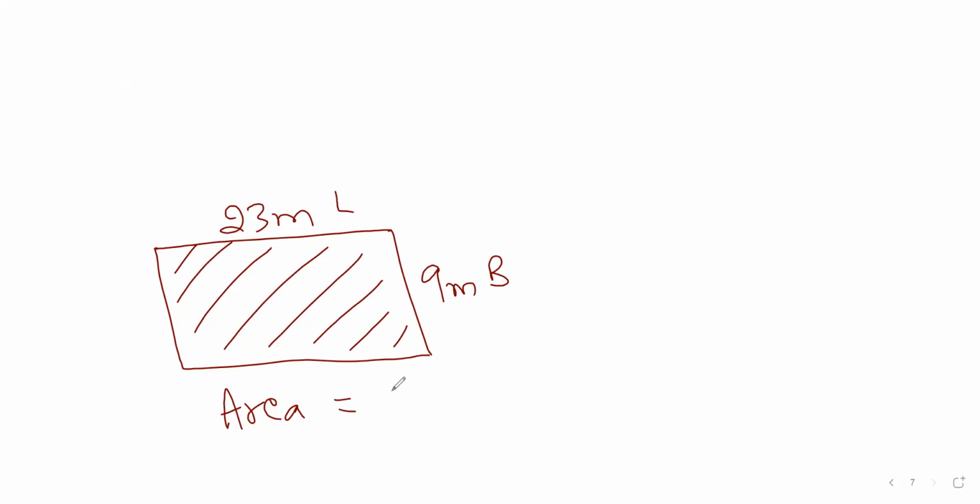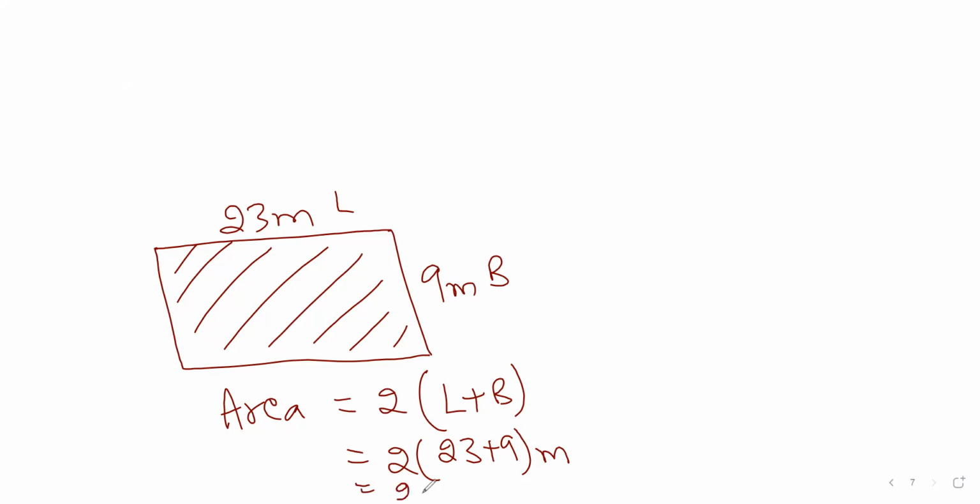So for rectangle, you find the area like 2 into length plus breadth. So it will be 2 into 23 plus 9 meter. Unit you can write outside. So this will be 2 into 32.